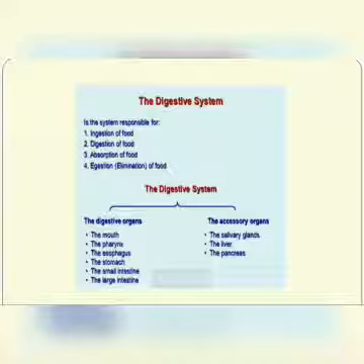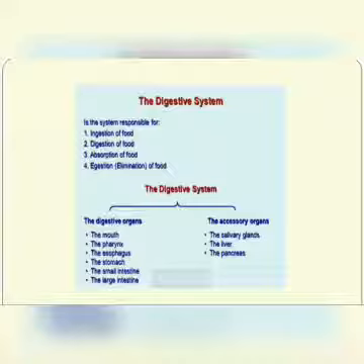So today I am concluding the digestive system. The digestive system is responsible for ingestion of food, digestion of food, third absorption of food, and fourth egestion of the food. The digestive system has two parts.